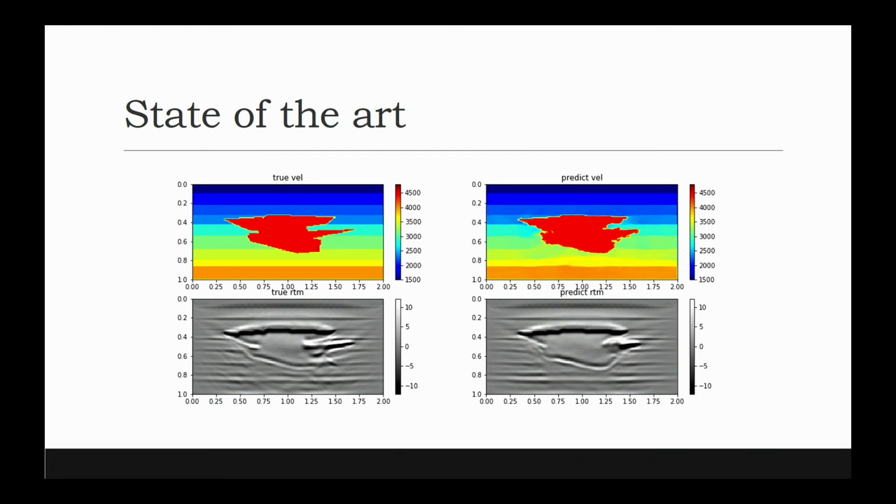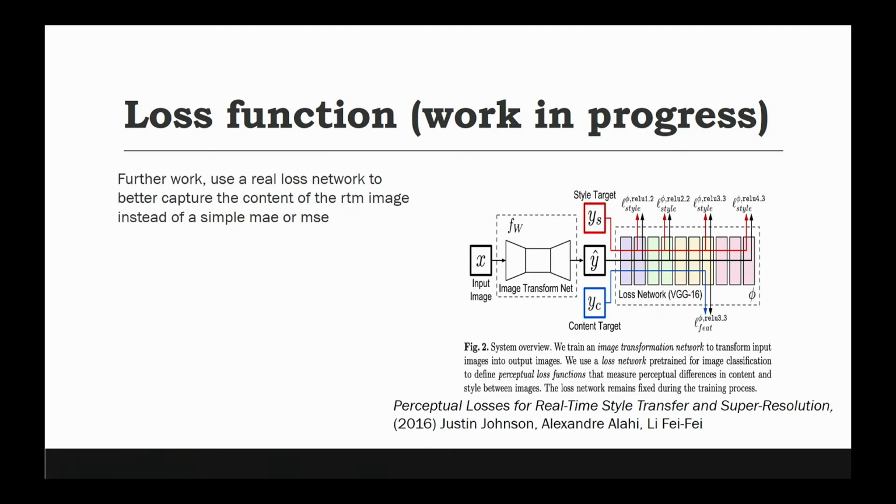And another thing we are still working on is regarding the loss function. So how do you measure the distance between two images? So far we are doing only pixel-to-pixel distance, but as you can imagine, that's only part of the story, because for a seismic image, you want to look at certain structure.